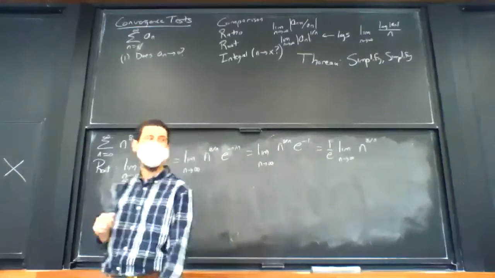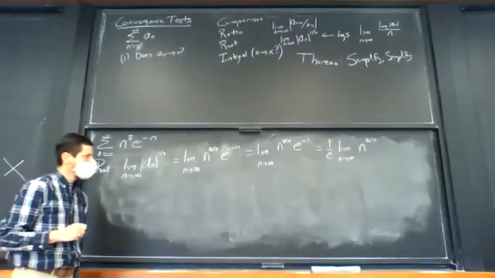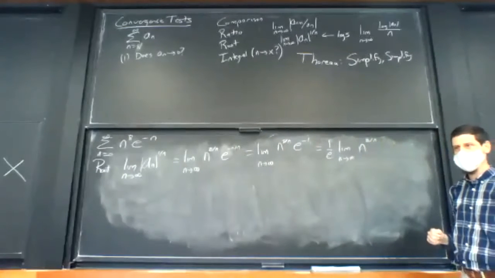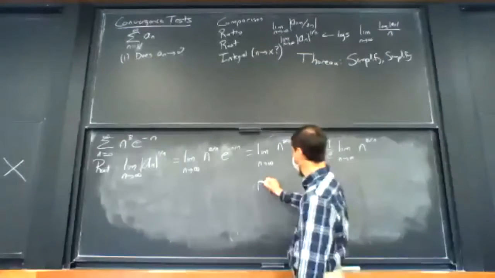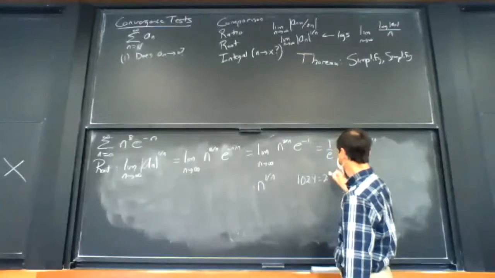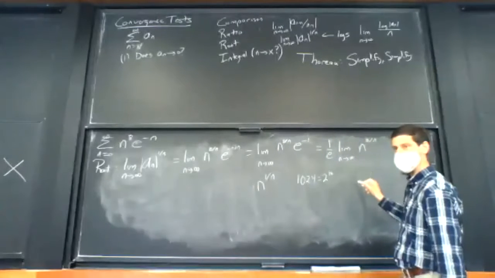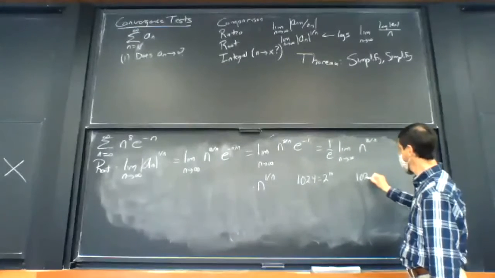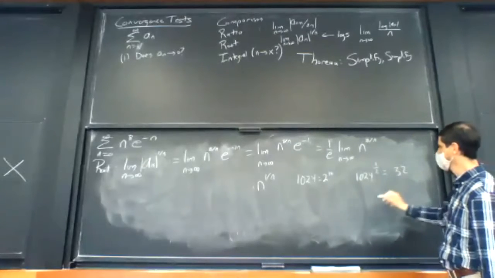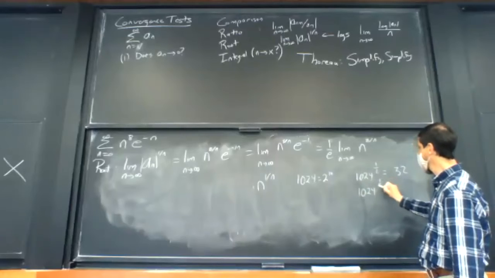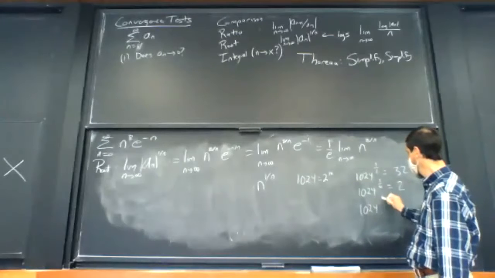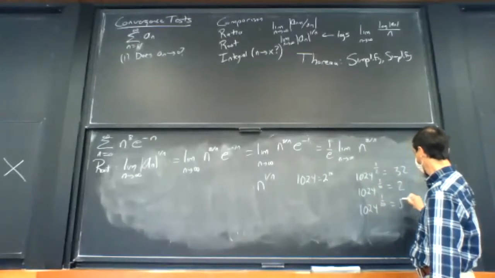We really just need to understand n to the 1 over n. To get some feeling as to what's going on, let's take a good number n and just try to see what happens. If I look at 1024, that's 2 to the 10. So 1024 to the 1/2 is 2 to the 5th, which is 32. 1024 to the 1/10 is 2. 1024 to the 1/20th is the square root of 2.